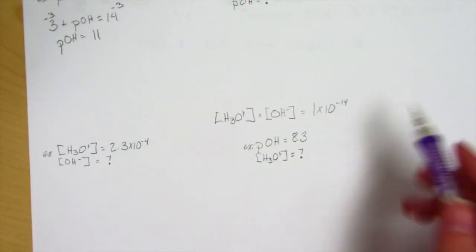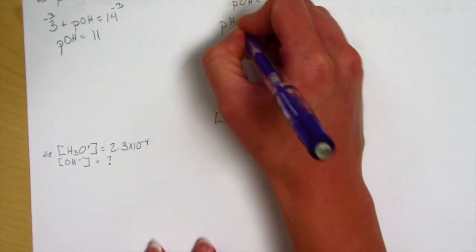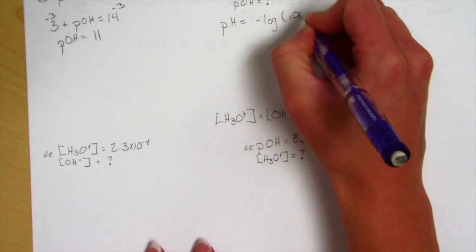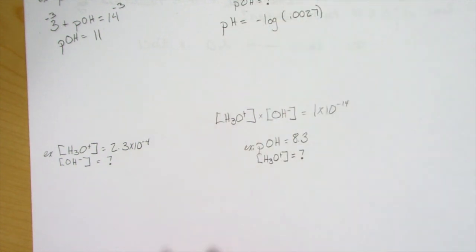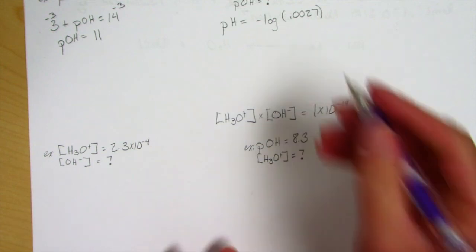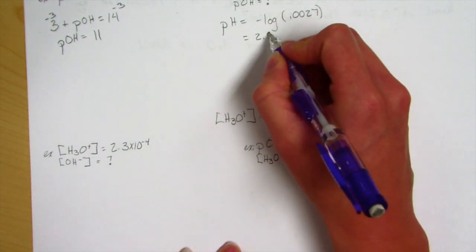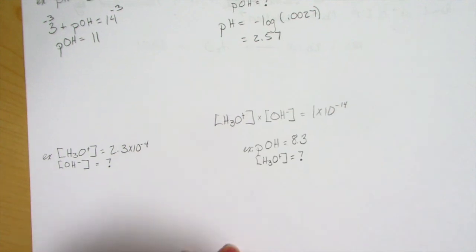So we're going to say pH equals the negative log of 0.0027, and go ahead and put that into your calculator. And we come out with 2.57 when we round it.